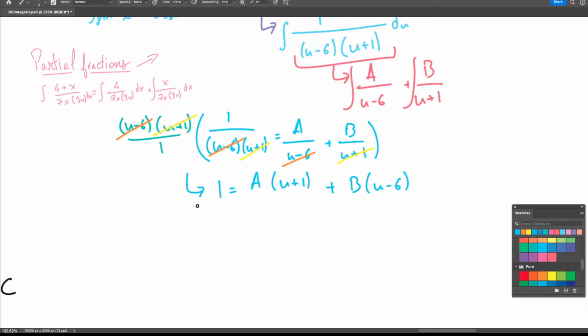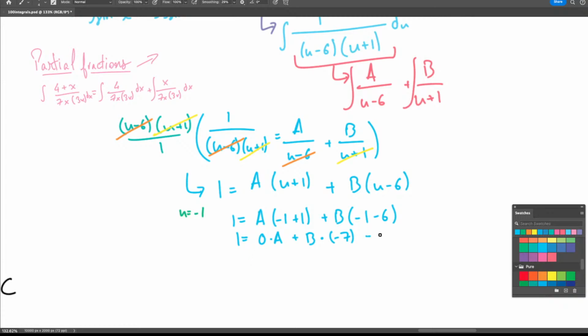Then, if we plug in -1, so if u equals -1, that means 1 equals a times (-1 plus 1) plus b times (-1 minus 6), which means 1 equals 0 times a plus b times -7.